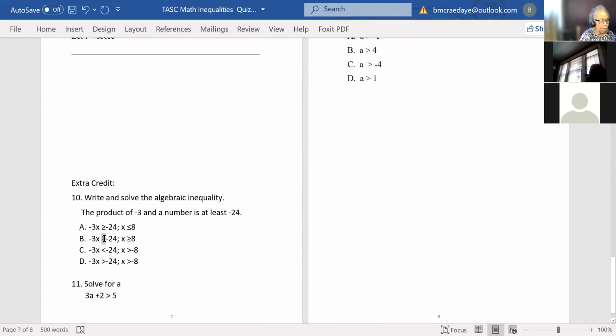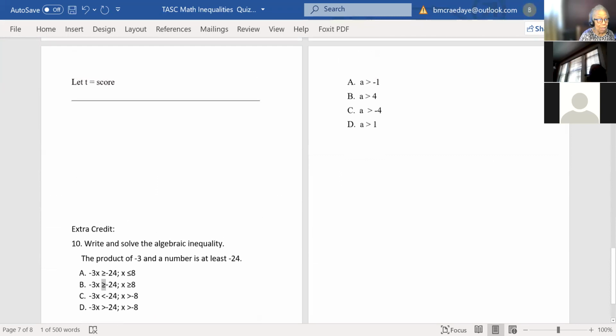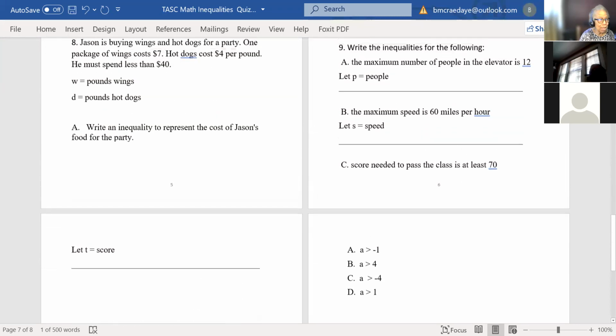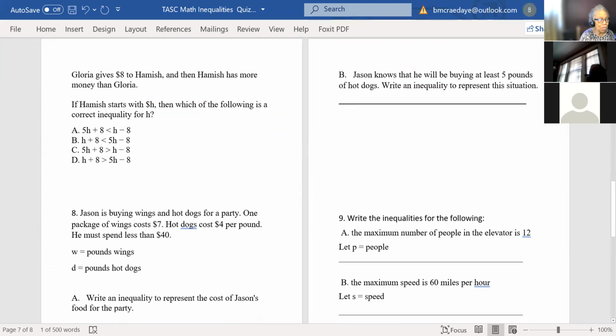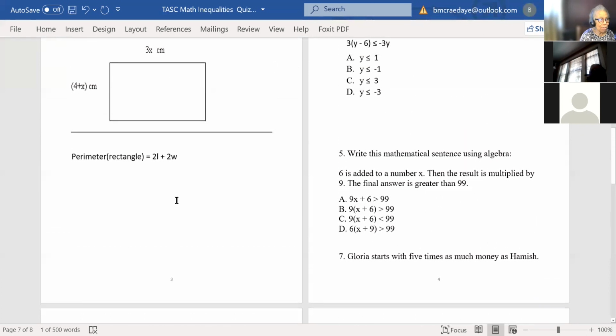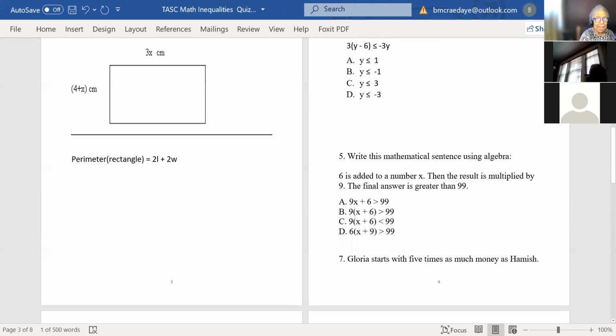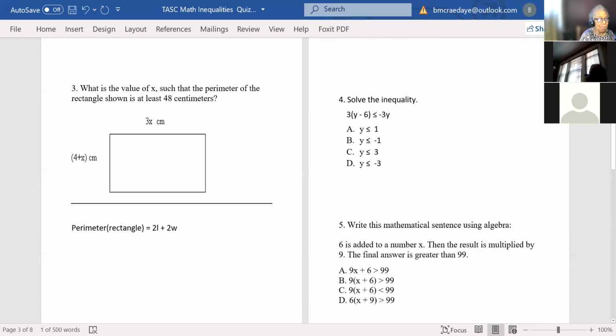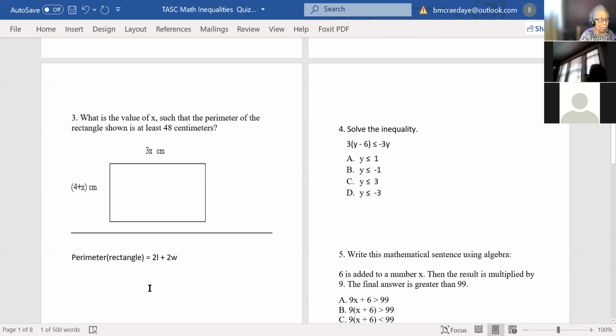Right. So we know that will be our inequality symbol. Let's just put that there, and then we'll figure out what goes on the right and what goes on the left. So it said at least. Let's put our inequality symbol, greater than or equal.